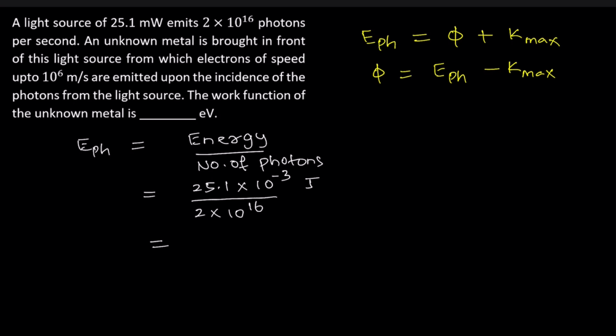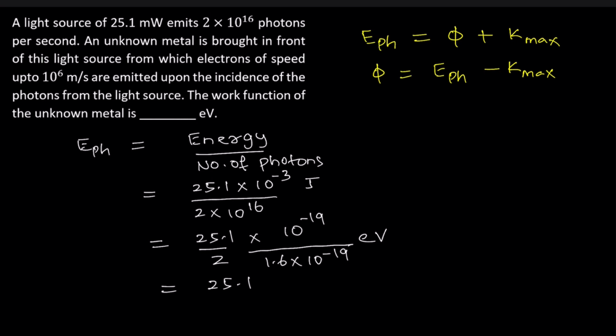So this would be 25.1 by 2 into 10 to the power minus 19 here, if you look at the powers of 10, and then we divide by the charge of an electron, which is 1.6 into 10 to the power minus 19. So this will give energy in electron volts. So what do we have here? This is 25.1 by 3.2 electron volts.